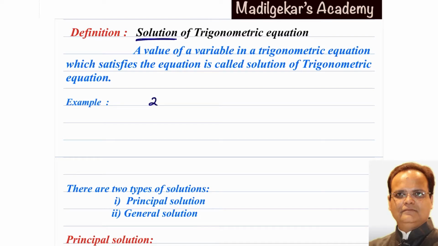Consider an example, 2 sin x minus 1 equals 0. From this equation, we can write sin x as 1 by 2. Recall for which x sin x will be 1 by 2. Yes, 30 degrees, or you may write pi by 6. So this is one of the values which satisfies the equation 2 sin x minus 1 equals 0.